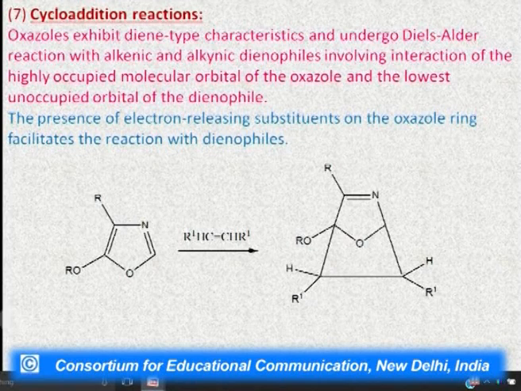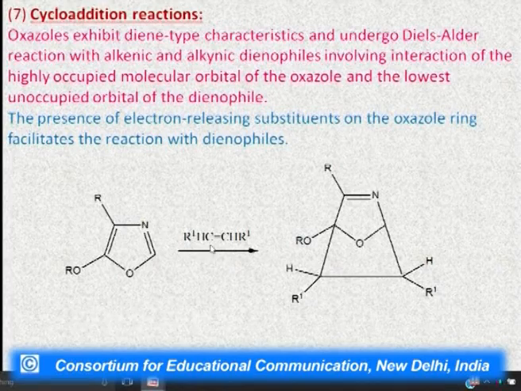Oxazole can also undergo cycloaddition reactions. These exhibit diene type characteristics and undergo Diels-Alder reaction with alkynic and alkenic dienophiles, involving interaction of the highest occupied molecular orbital of the oxazole and the lowest unoccupied orbital of the dienophile.